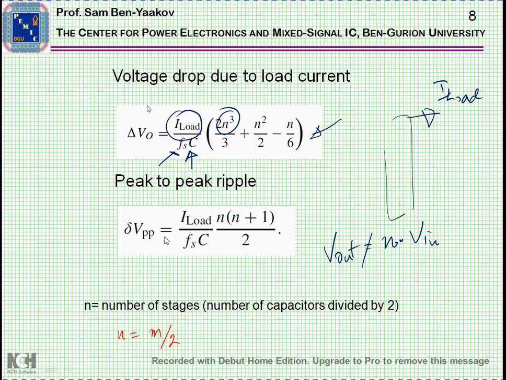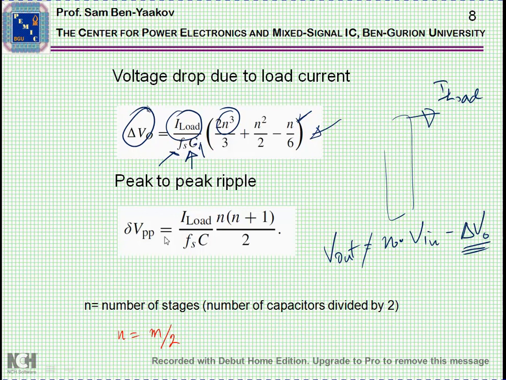You will get a lower voltage, lower by a delta V, and this is the expression for the delta V. As you can see, the larger the number of stages, the larger will be this delta V. And the larger the capacitor here, the smaller will be delta V. That is, a large capacitor will maintain a higher voltage.